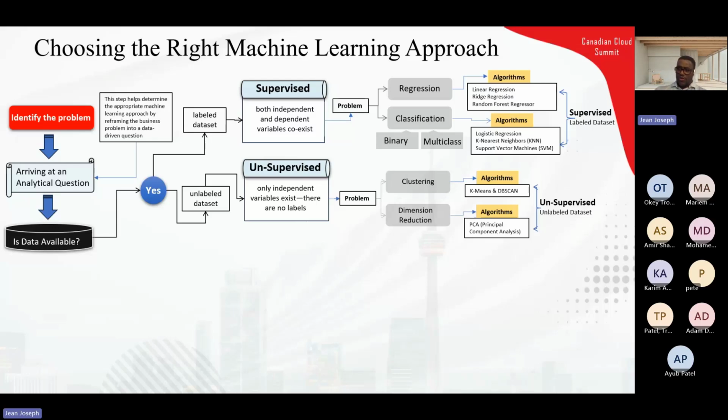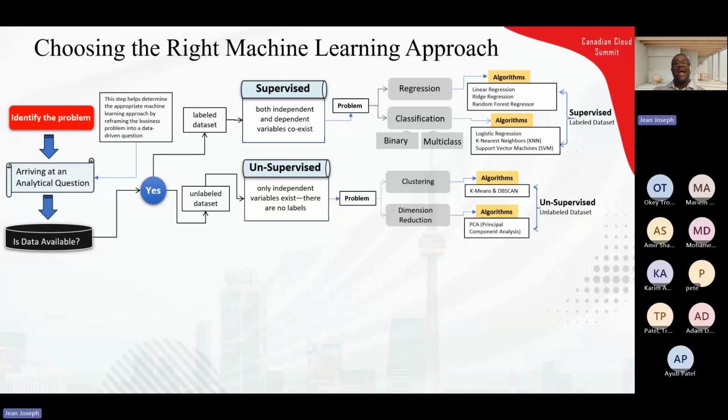In the context of dimension reduction, okay, it helps simplify complex data sets by reducing the number of input features while preserving the most important information. This is especially useful for visualization or speeding up model training. Techniques like, as you can see on the screen, PCA, which stands for Principal Component Analysis, and also t-SNE, are popular choices, right?